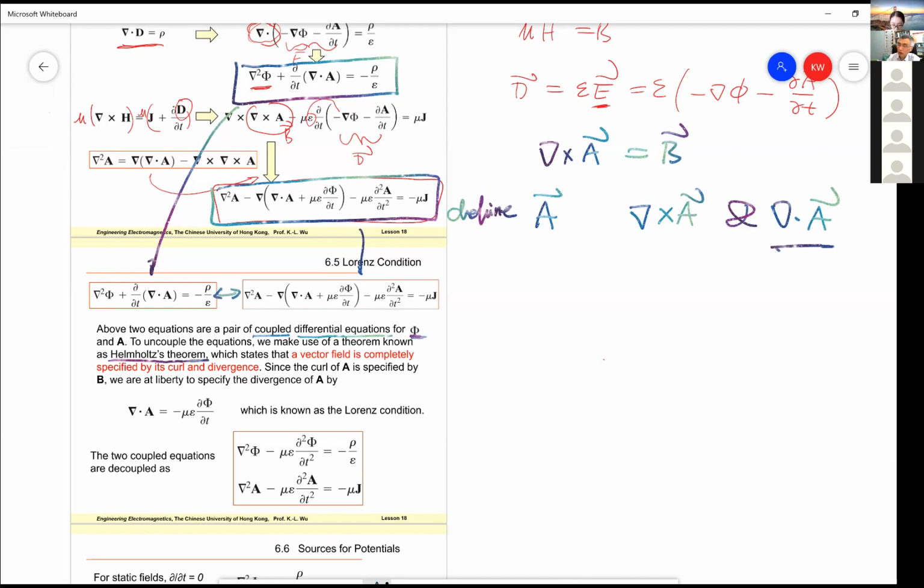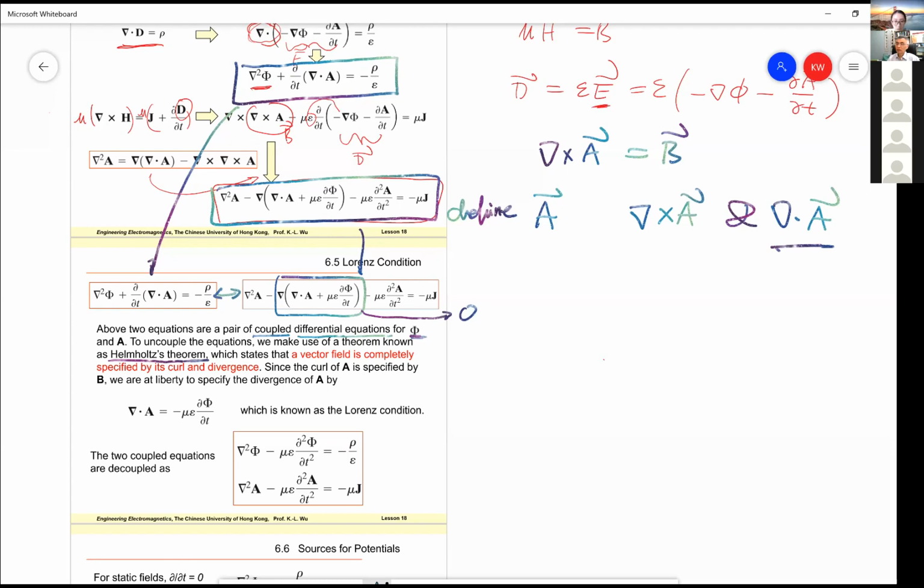Take a close look. How about this? If this term equals 0, the second equation only relates A and current J. Then we can show the first equation only depends on phi and rho.